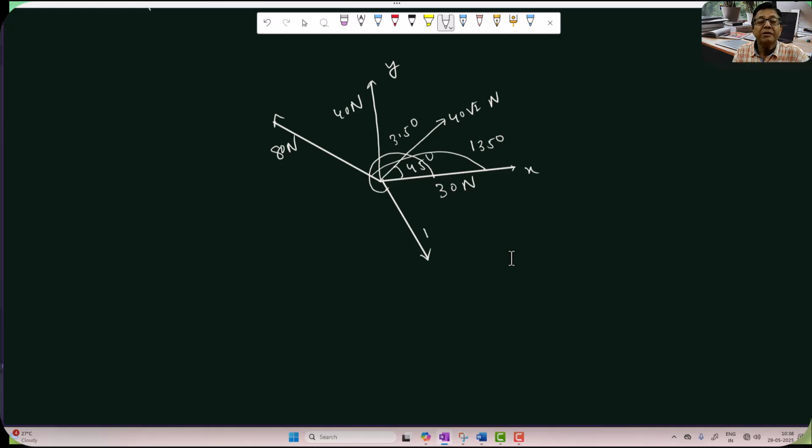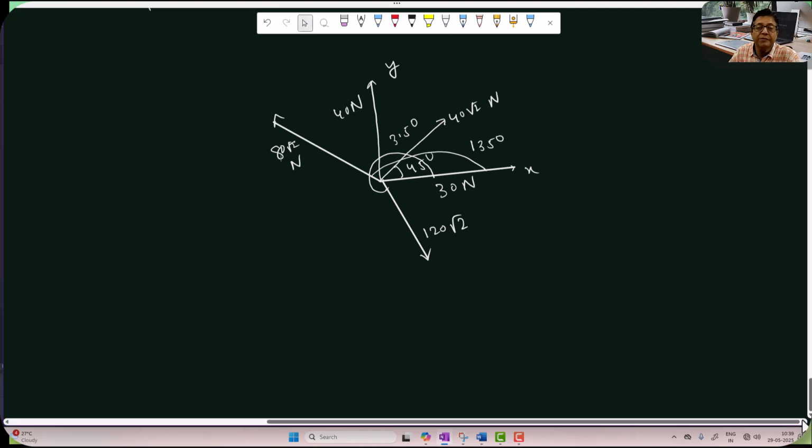And its value is given by, say, 120 root 2 Newton. This one you take 80 root 2 Newton. Okay? Because of better calculation. How to add all these vectors? How many vectors are there? 1, 2, 3, 4, 5.